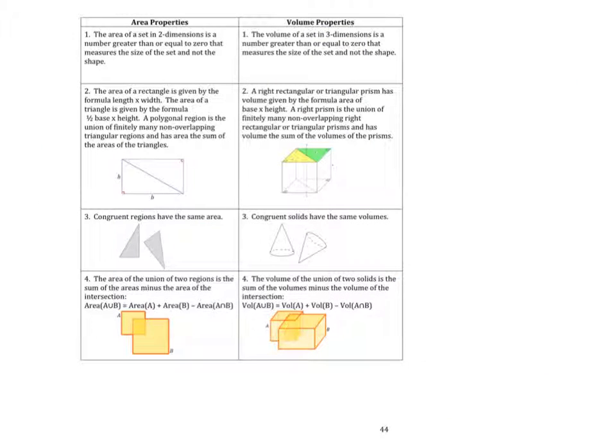So let's take a look at some area properties, and please transfer this to your composition notebooks, whether you cut it out and paste it or you simply copy it. If you do it that way, that'll help you to retain the information. Area property number 1: the area of a set in 2 dimensions is a number greater than or equal to 0 that measures the size of the set and not the shape. Number 2: the area of a rectangle is given by the formula length times width.